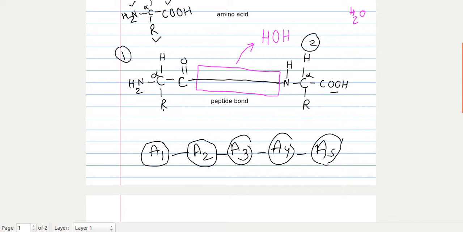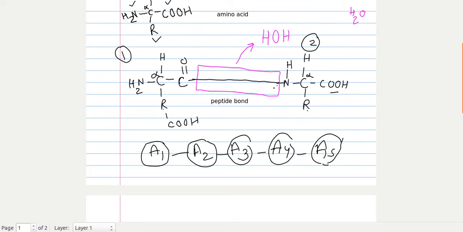Sometimes the side group can contain COOH, or the side group can contain NH2. So sometimes the bond can be formed between this COOH and NH2. In that case, it also will be a dipeptide, because 2 amino acids are condensed together.